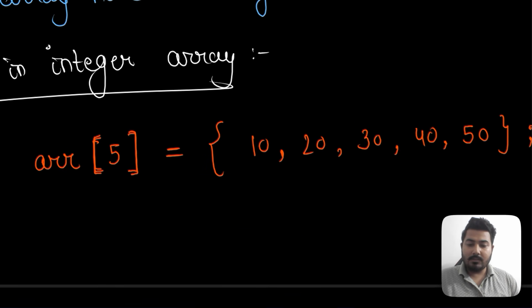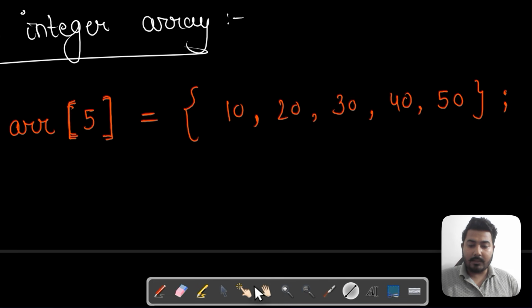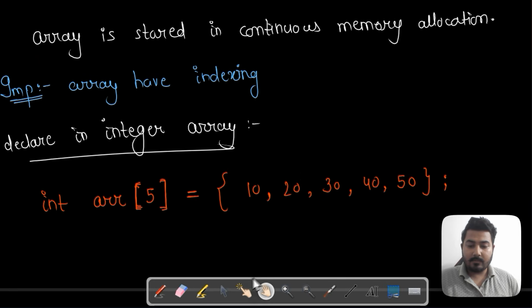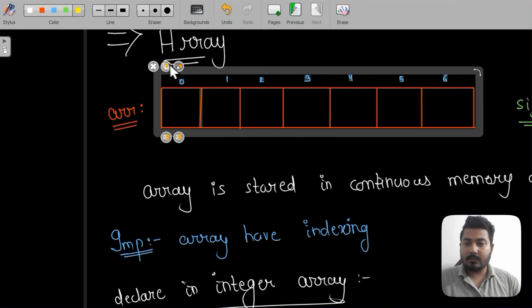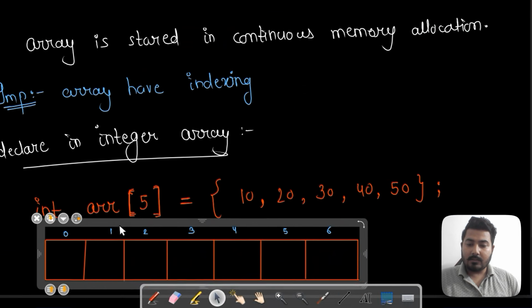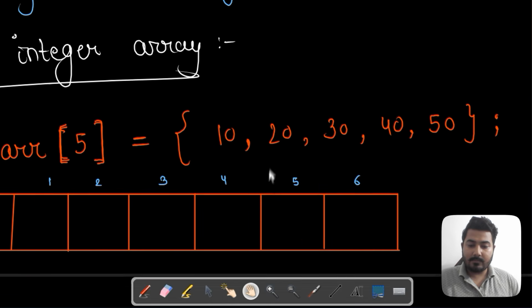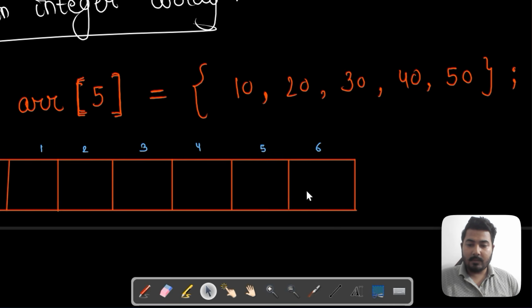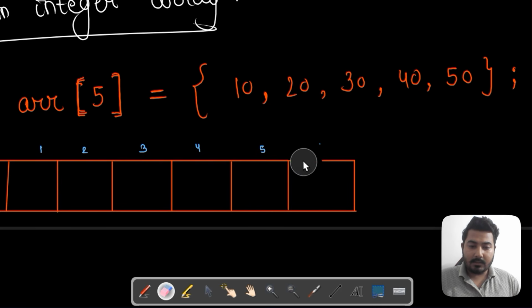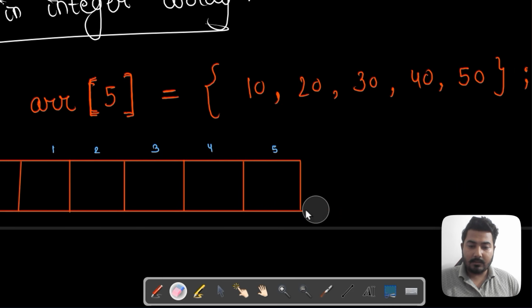In memory allocation, its structure would be something like this. I can simply copy this part right here. But its size is not correct, so let me just delete this last one.